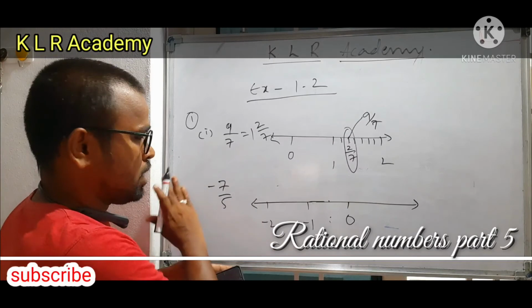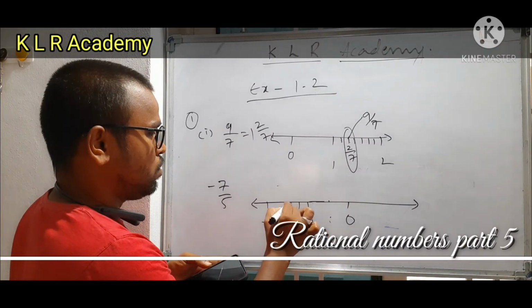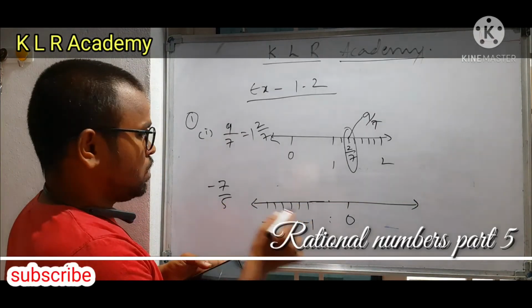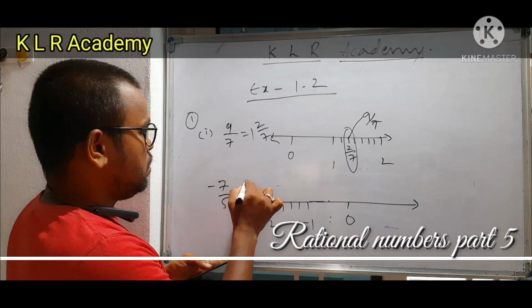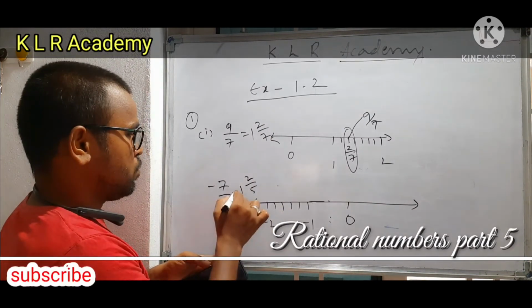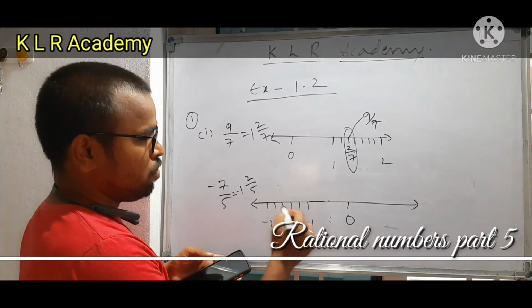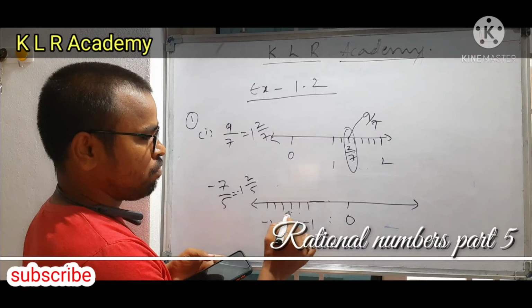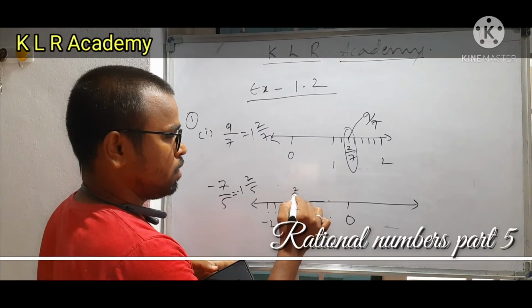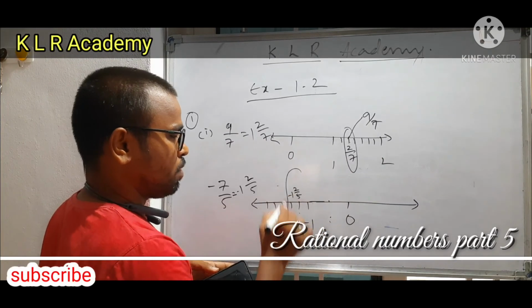So keep this minus aside. So divide this 1 to 2 into 5 equal parts. 1, 2, 3, 4, 5. So this will be 1 and 2 by 5. This will be -1. After -1, this is 1 by 5, 2 by 5, 3 by 5, 4 by 5, 5 by 5. Okay, this is 2 by 5. Means this is 1 and 2 by 5, means -1 and 2 by 5.